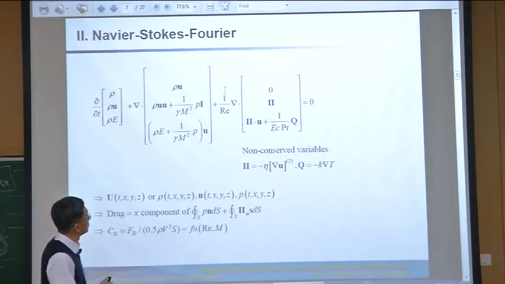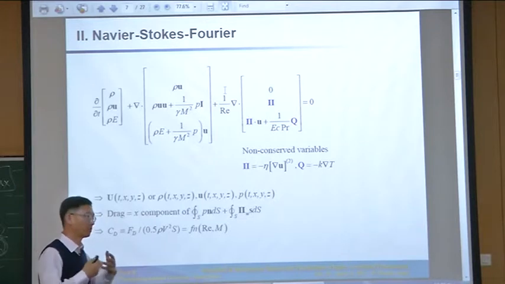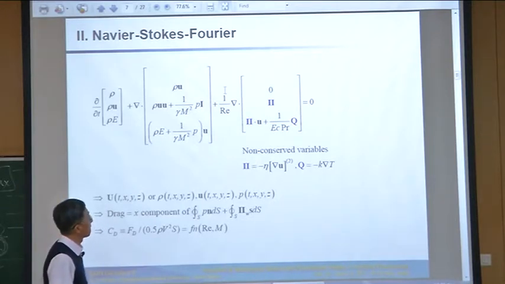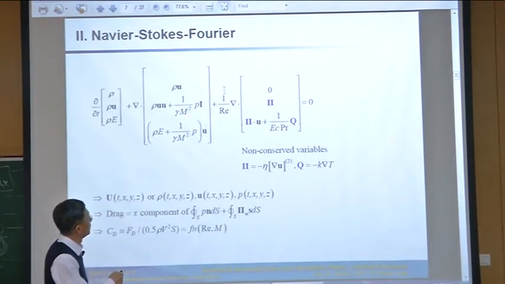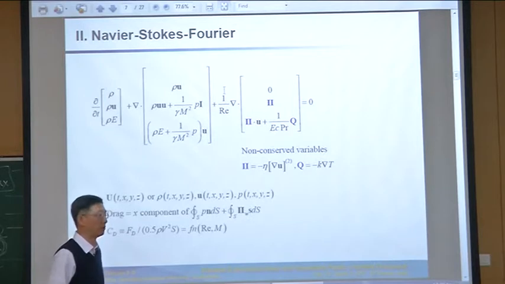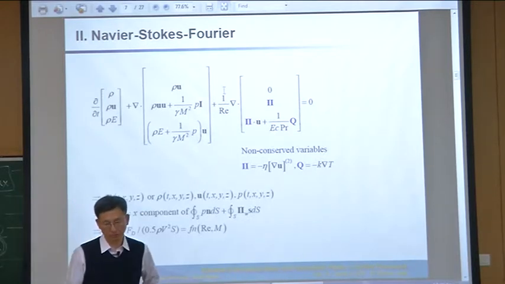But on the other hand, if the Reynolds number is small, this term becomes important. So that has implications not only in physics but also in computations. And then here, the convective term and pressure term, you have the Mach number. So we need two non-dimensional parameters. So please remember that.